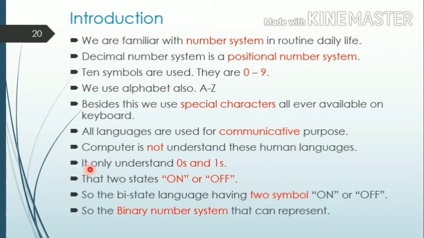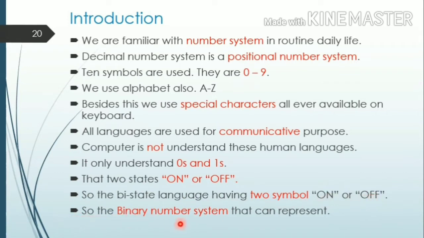It only understands zeros and ones. What? Zeros and ones. That is two states, on and off. See, one for on and zero for off. So the bi-state language has two symbols, on and off, as I already mentioned.